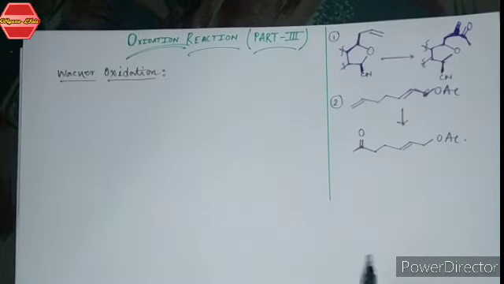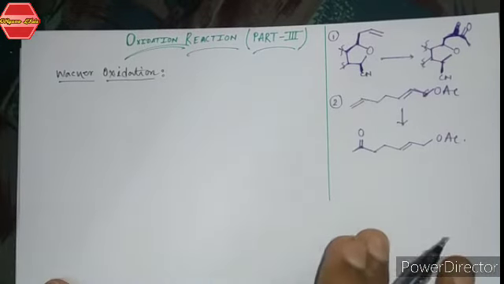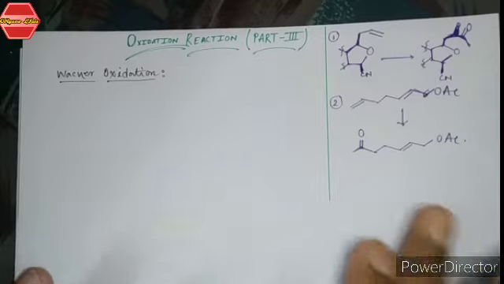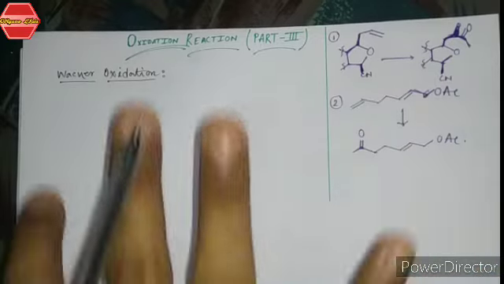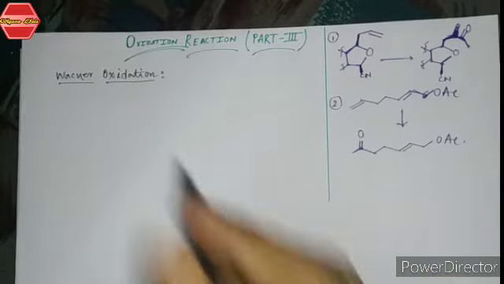Now what is the reagent of Wacker oxidation, how does it work, and what will be the mechanism? I will do it and show you how this reaction proceeds. Now see the reagent.